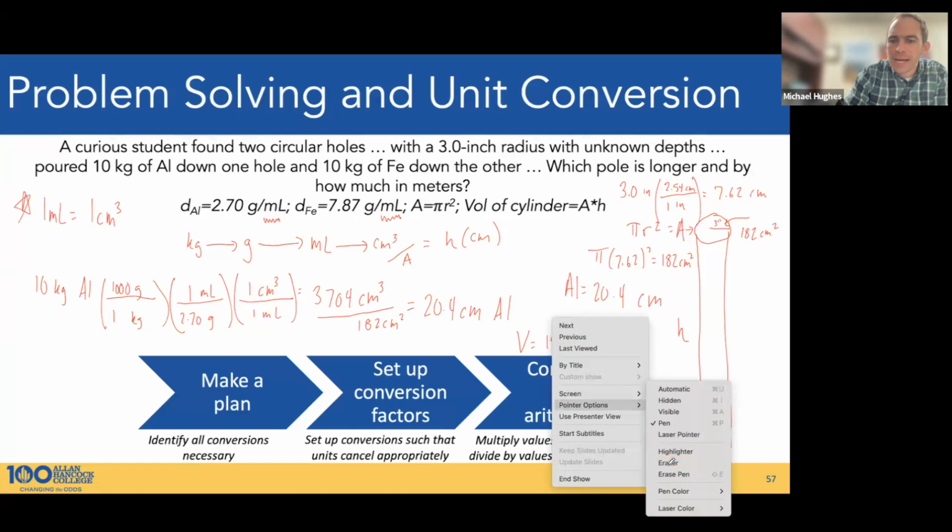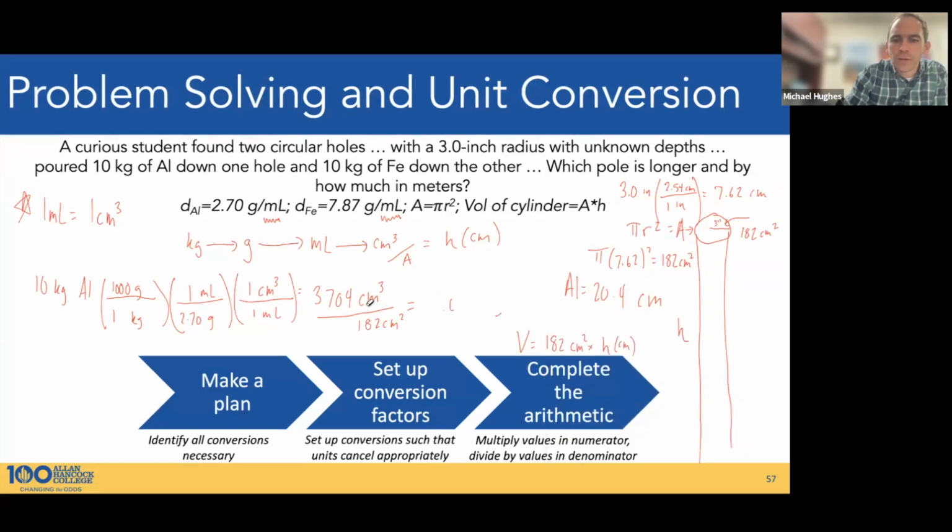So now let's back up. Most of our values are going to stay pretty much the same. The only thing that's changing here is we're going to change from aluminum to iron, which has a different density. So we're going to do 10 kilograms of iron. There's 1,000 grams in 1 kilogram always, but now iron is 7.87 grams in every 1 mil.